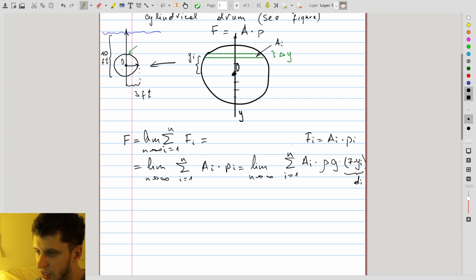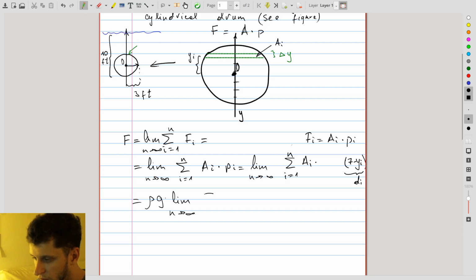When y is negative, when it's below 0, then depth is bigger than 7 feet. Great. Now, obviously, I'm not concerned with rho g because that's just a constant. It's independent of anything. I can take it outside the sum and then outside the limit. So that's not a concern here.